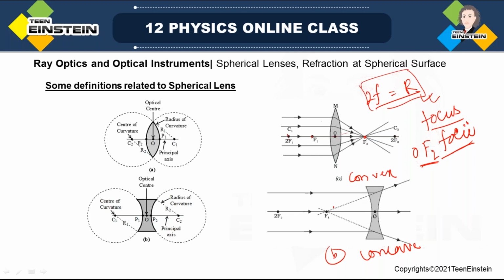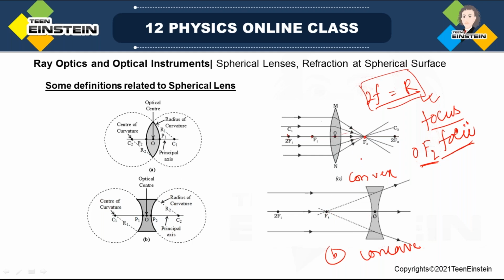This point is called the principal focus. But this focus is a virtual focus, since the rays appear to diverge, not meet, from this particular point. That's why the concave lens is called a diverging lens, because the parallel rays after refraction diverge, and they appear to diverge from a point on the principal axis. So this is called the principal focus.